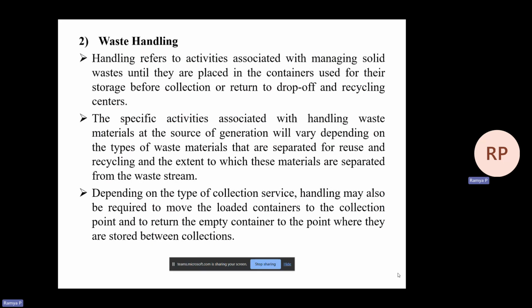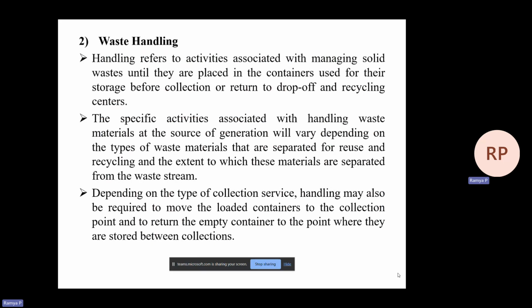Here, handling refers to the activity associated with managing the solid waste, like the kind of container or storage we are going to use before collecting, or to return to the drop off for the recycling centers. A specified activity associated with handling waste depends on the type of waste material that is separated for reusing or recycling, which is separated from the waste stream.